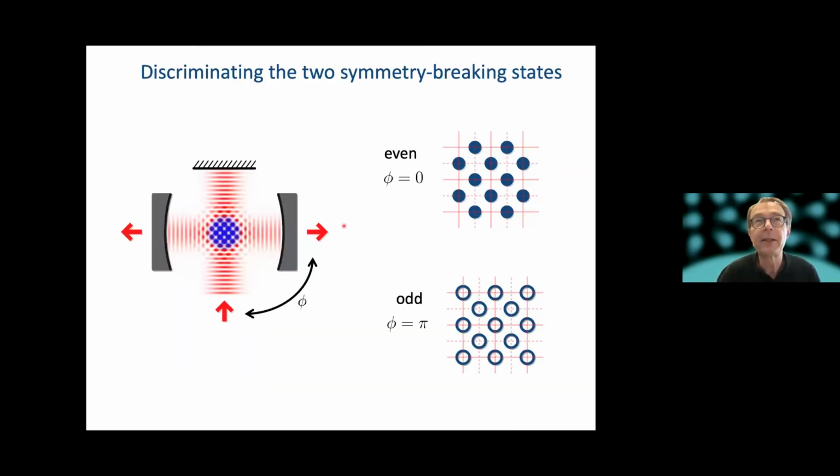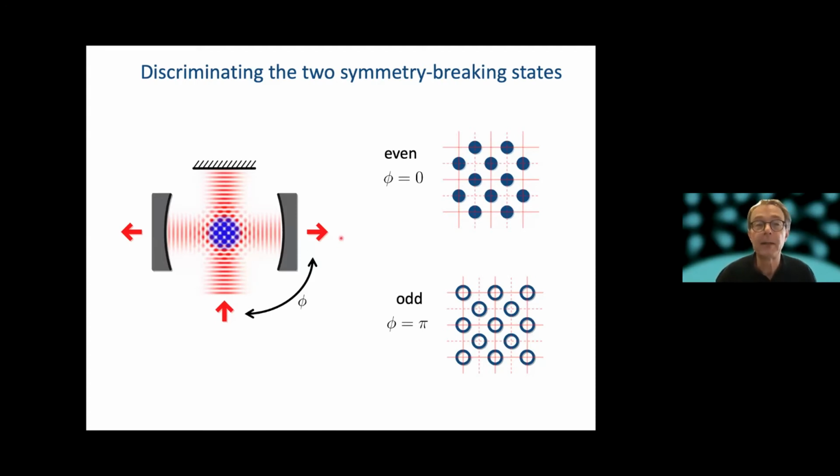Okay, now one could ask, how do I discriminate between the two symmetry broken states? Because it's a momentum space picture, as was mentioned in the chat. The two states can be distinguished by the time phase of the light coming out of the cavity, measured with respect to the pump light.